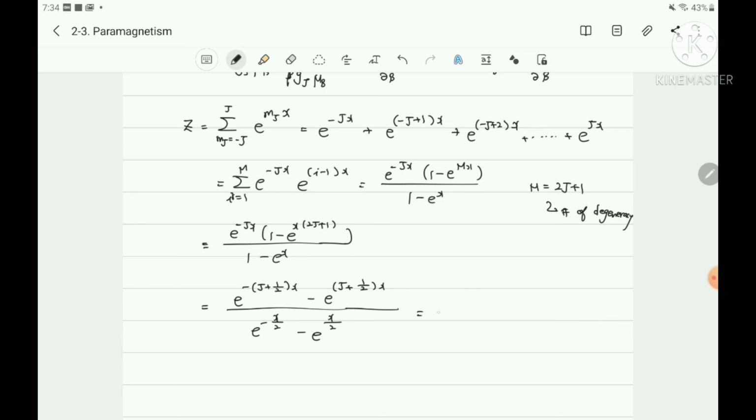Therefore, it is hyperbolic sine of 2j plus 1 times x over 2, divided by hyperbolic sine of x over 2.